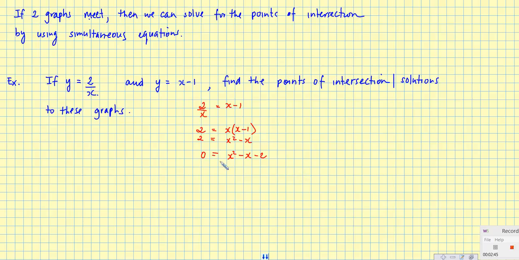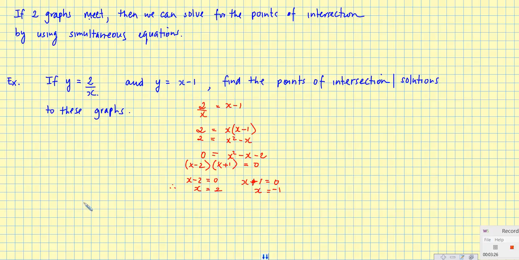Because I've set this equal to 0, I'm going to factorize this and solve for x, and I can use the sum and product here so that I know that either x minus 2 or x plus 1 must equal 0, and therefore using the null factor law, we know that x minus 2 is equal to 0 or x plus 1 is equal to 0. Therefore, we know that x is either equal to 2 or x is equal to negative 1.